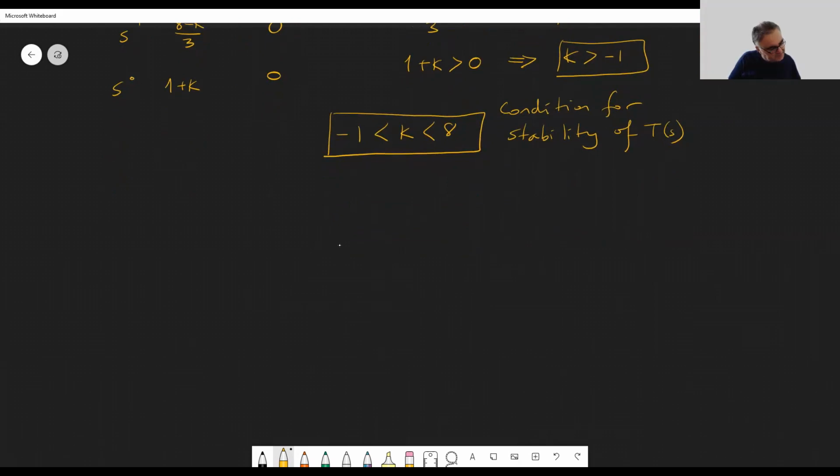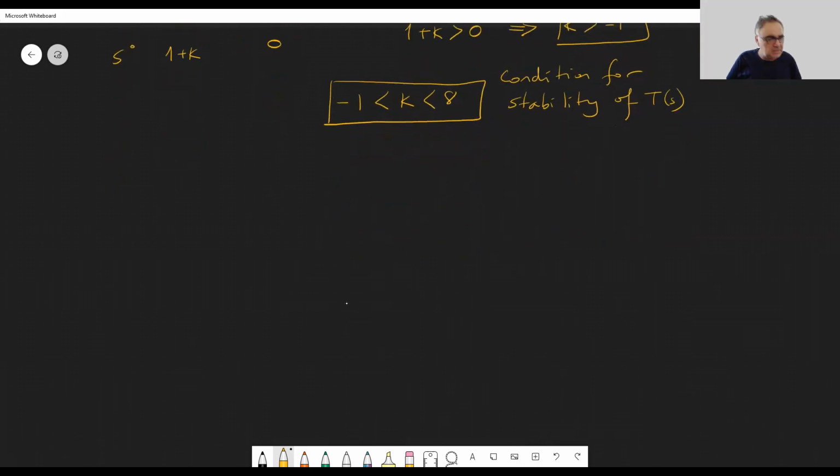Now, there is a special case. We didn't talk about it yet. What happens if one element in the first column is 0?